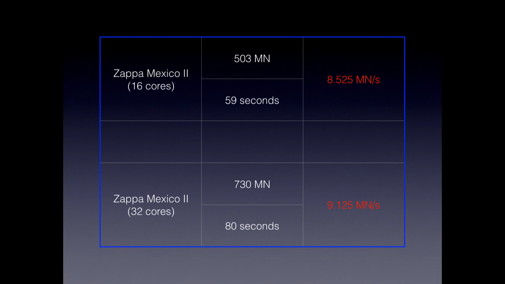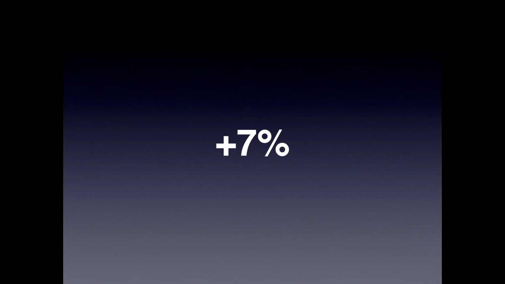That's an average search speed of 9.1 million nodes per second. It's faster, but the question is, is it fast enough? Well, that works out to be an improvement of 7%. And I can tell you now that that is nowhere near fast enough.